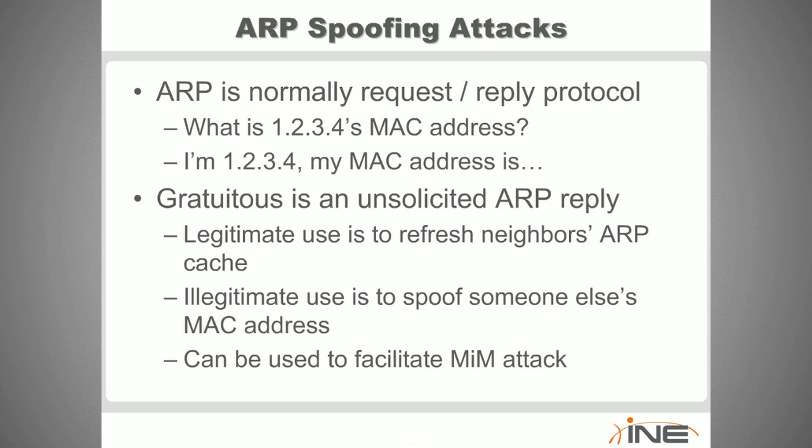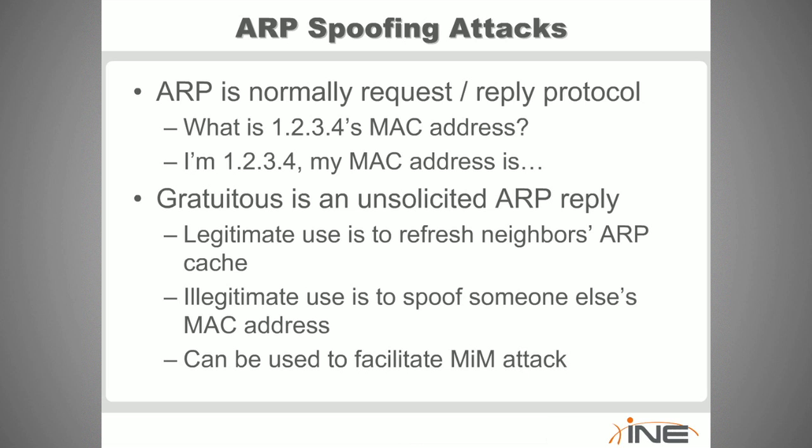Now, as we saw in that topology, the victim, the attacker, and the router, in a legitimate situation, the victim sends out an ARP request trying to figure out what is the MAC address that is associated with the default gateway. So router 1 would reply with whatever the MAC address of its interface is. So now the host, the victim, knows the legitimate MAC address binding for the default gateway's IP address.